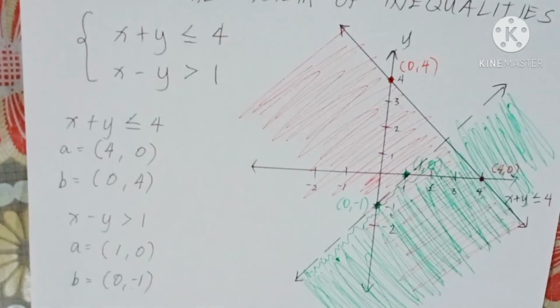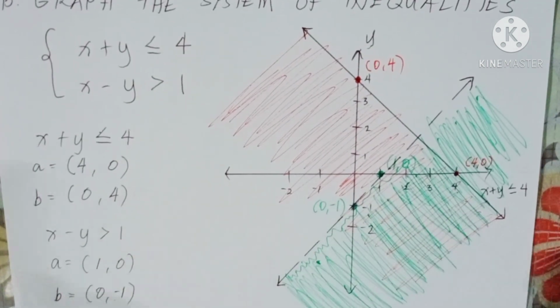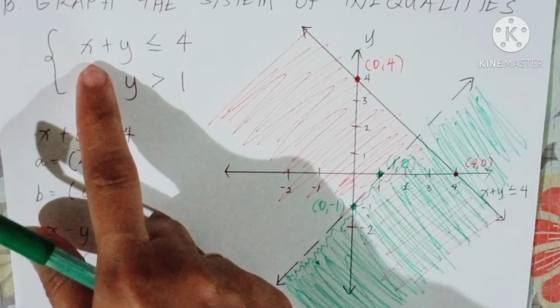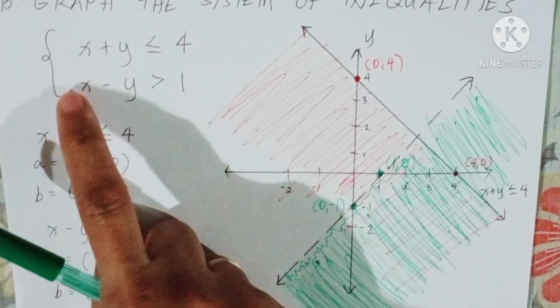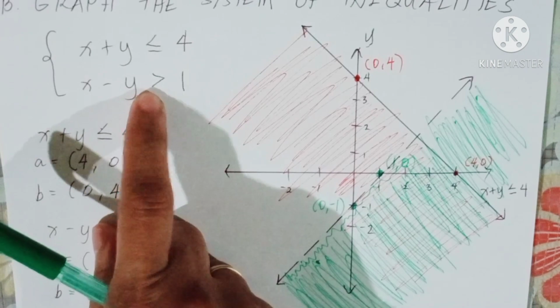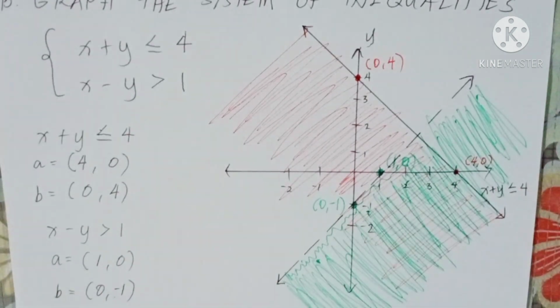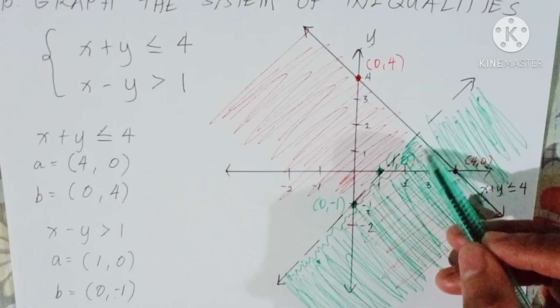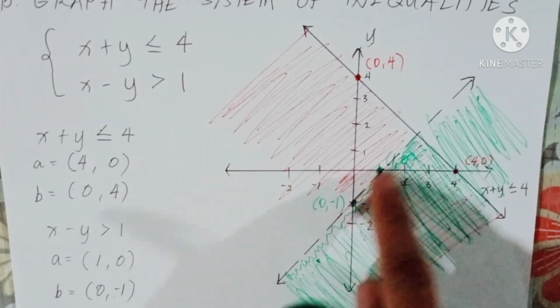Okay. So this is the graph of the system of linear inequalities x plus y less than or equal to 4 and x minus y greater than 1. So this part, the double shaded, this part is the solution.